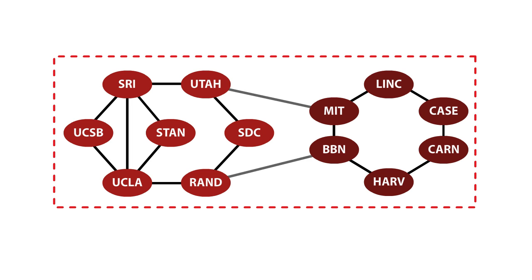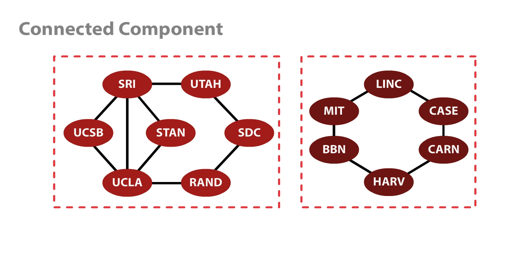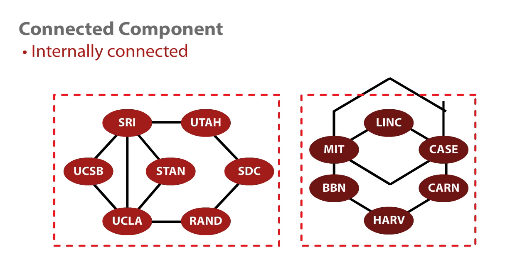But of course, if you actually were to lose both of those long-haul links, for example, the graph would fall apart. And the 2 things it falls apart into we'll call connected components. Okay, so when a graph is not connected, we're going to talk about its components. And a component is a set of nodes with 2 important properties. One is that the set of nodes is internally connected. So if I were to look at it as just a graph in itself, it would be a connected graph.